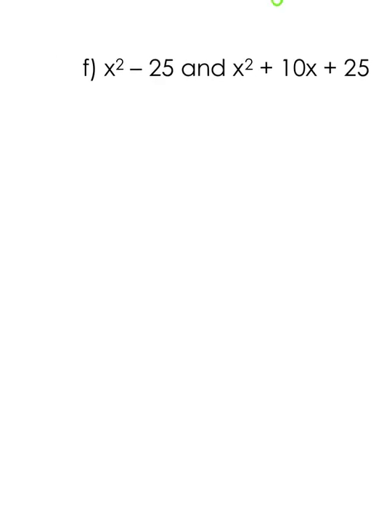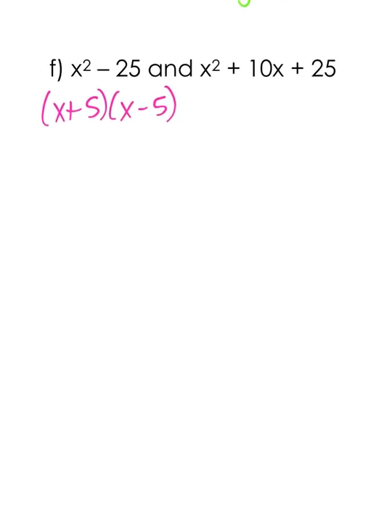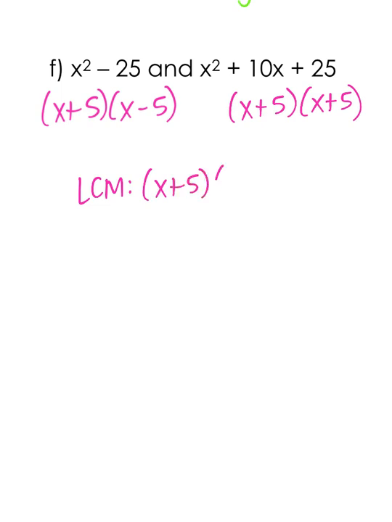All right, and this one, we've got another difference of squares, so x plus 5 and x minus 5. And then this is actually a perfect square trinomial, so x plus 5 times x plus 5. So my least common multiple is going to be x plus 5, x minus 5.